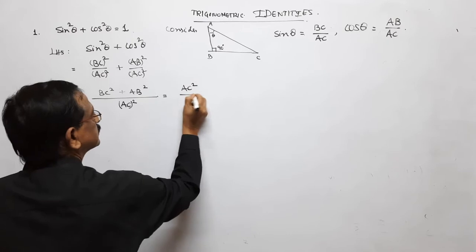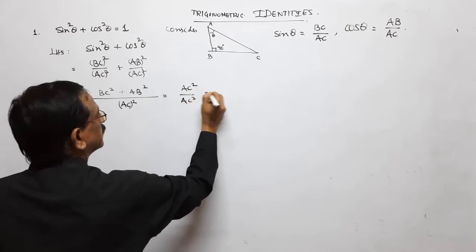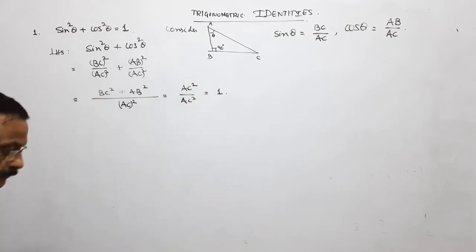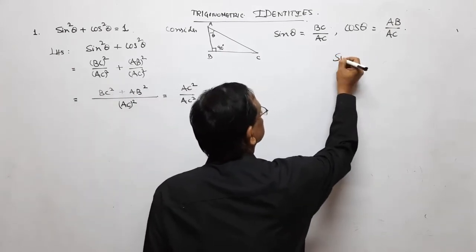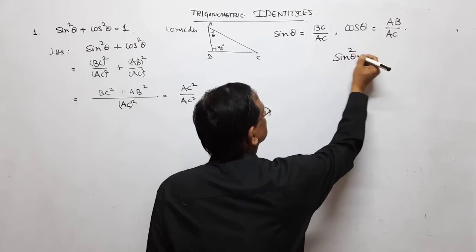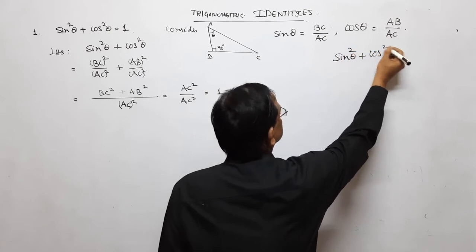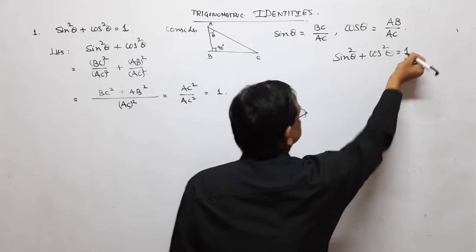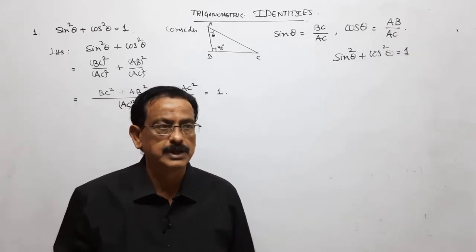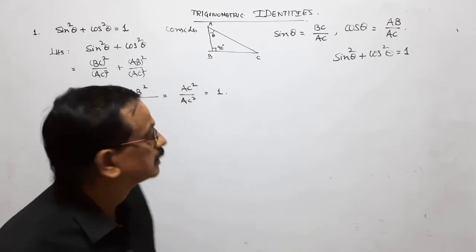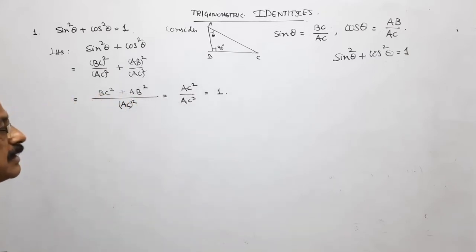So this is AC square by AC square, which is 1. So sine square theta plus cos square theta is 1. A very, very important identity. Sine square theta plus cos square theta is 1. Sine square A plus cos square A is 1. Sine square alpha plus cos square alpha is 1, whatever alpha or whatever theta may be. So that's the first identity, which is very crucial.